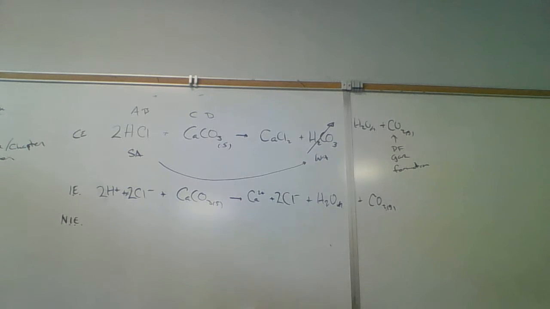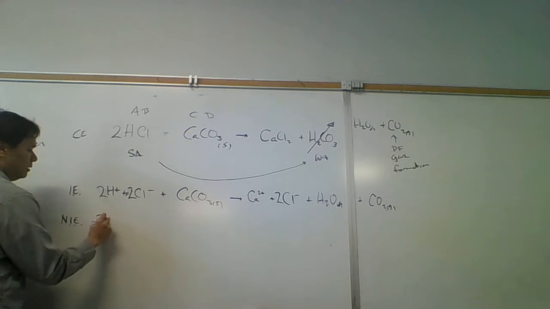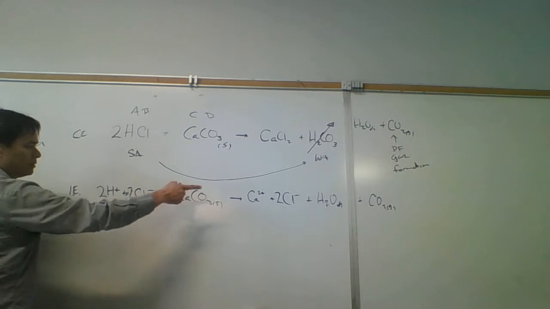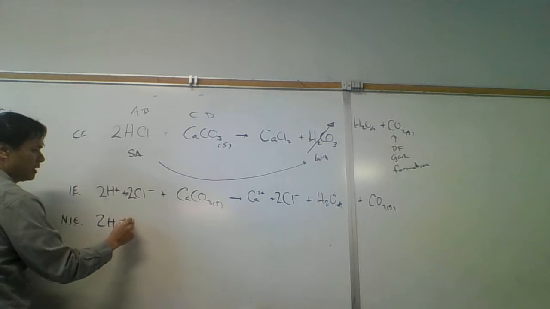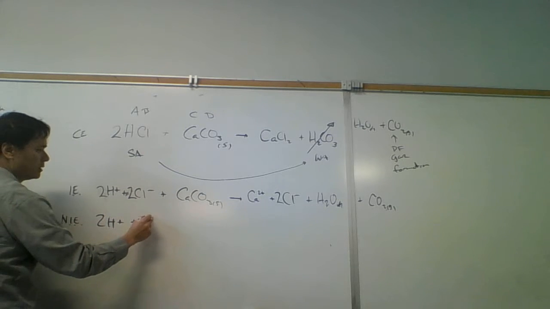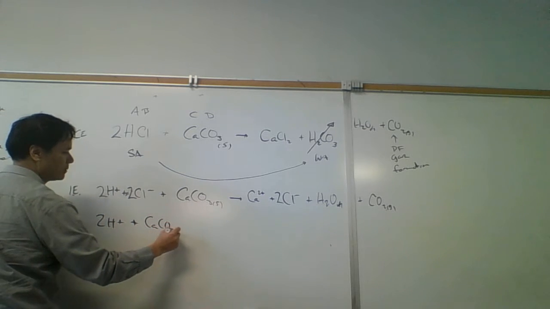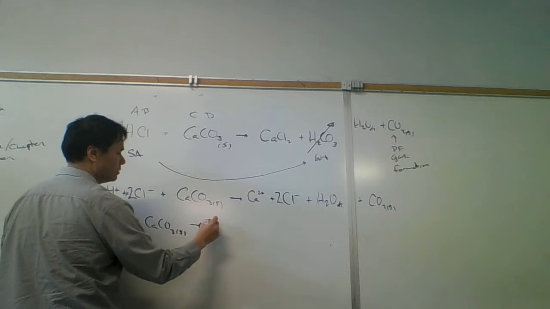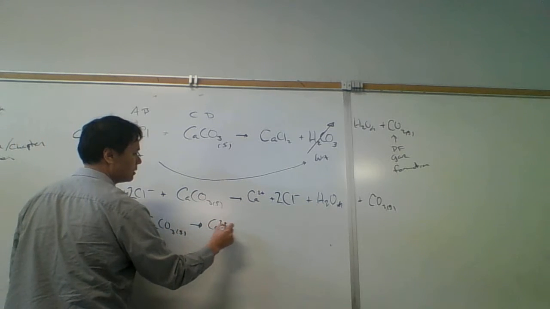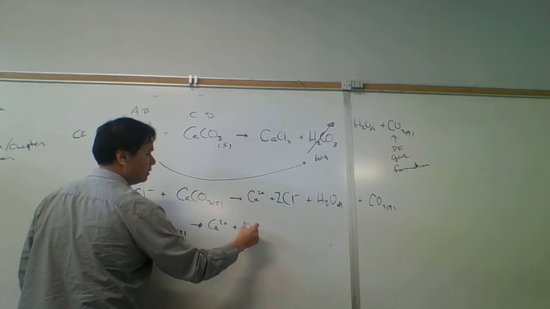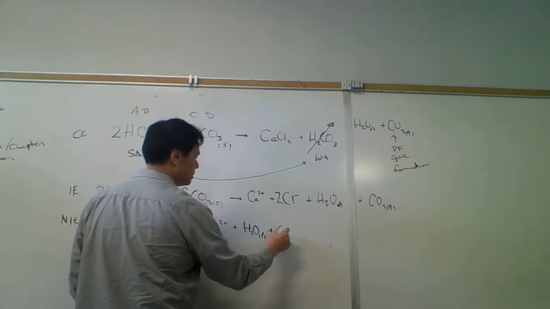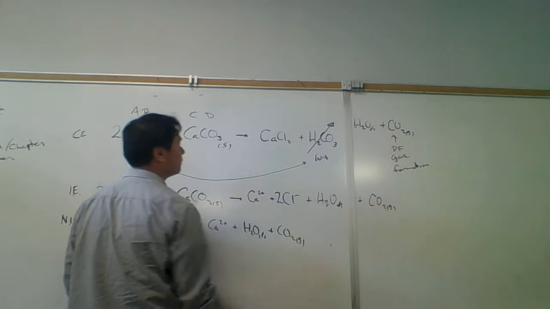Yeah, chloride. 2 chlorides here, 2 chlorides there, so we'll have 2H plus, get rid of the chlorides. Plus calcium carbonate solid goes to calcium 2 plus, H2O liquid plus CO2 gas.